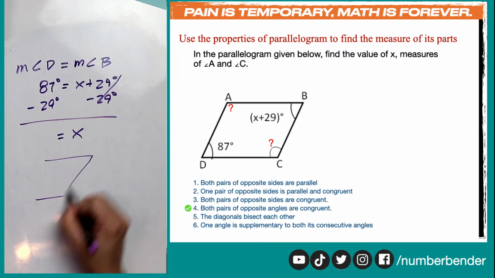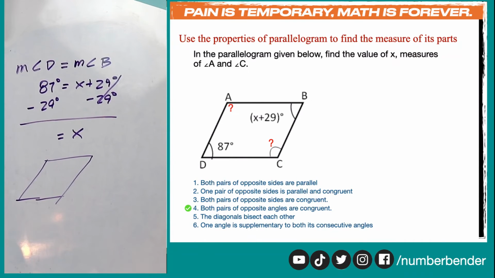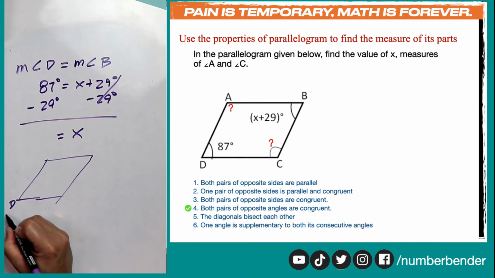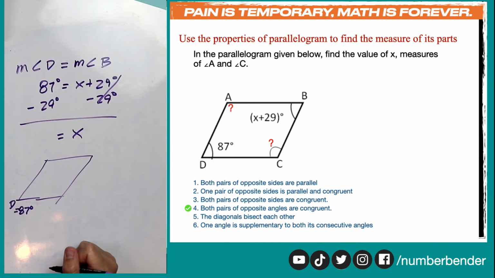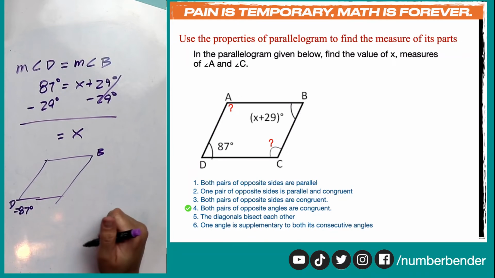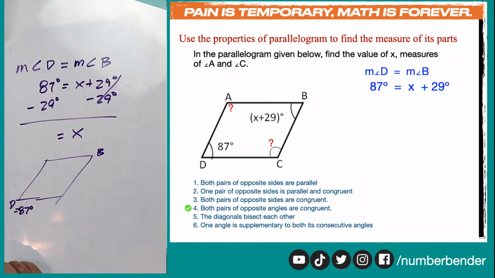So let's draw our parallelogram here. My parallelogram is ugly, but we know that angle D is equal to 87 degrees, and we'll be able to find the value of B by plugging in the value of x, which we don't have yet, so 29 on both sides.